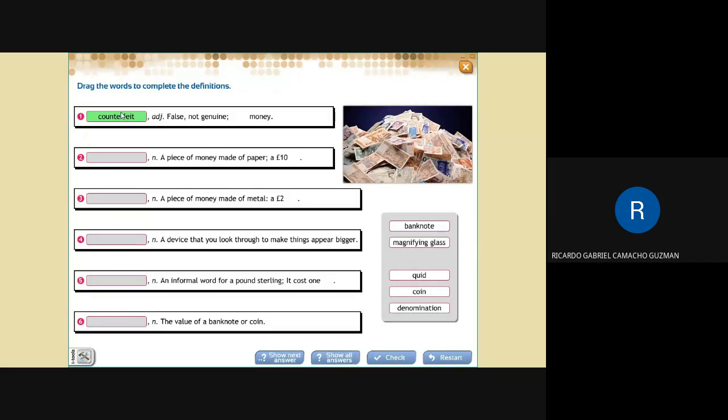So for example, here in Mexico, we have different kinds of features in our money, usually in the case of the bills, that we can identify very easily if it is a false or a genuine bill. So a counterfeit is the way in which you can say that something is false or if it is genuine. So in this case, it means that it's false.